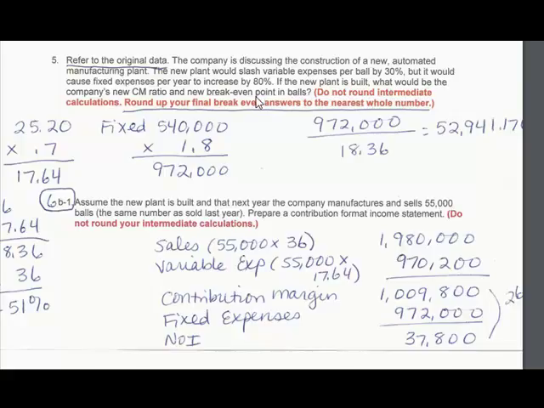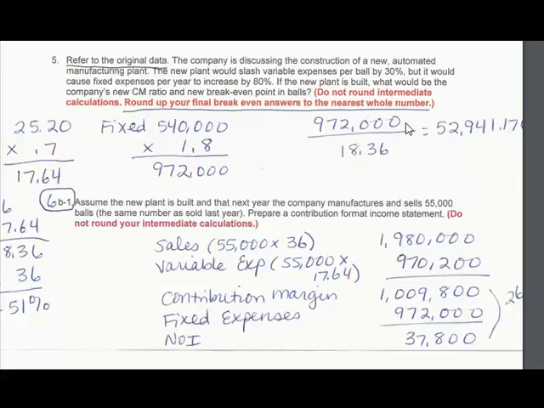Last, it asks for the new break-even point in balls, and here we need to be careful to follow instructions. It says, do not round intermediate calculations, but round up your final break-even answers to the nearest whole number.